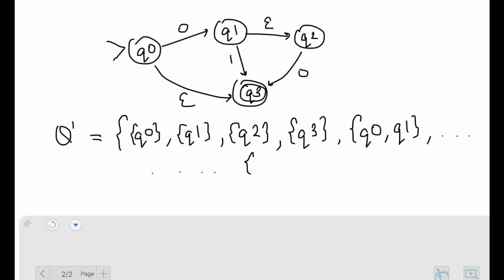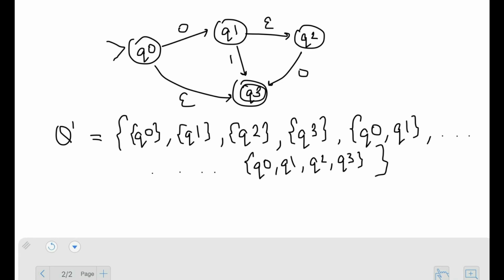And the last one that I'll have is Q0, Q1, Q2, Q3. That will also be a state in my DFA. So these are the states in my DFA. Of course, not all of these will be reachable, but in theory, this is how it is.